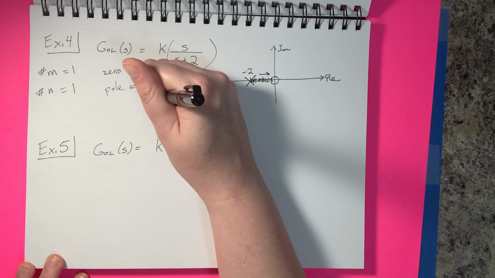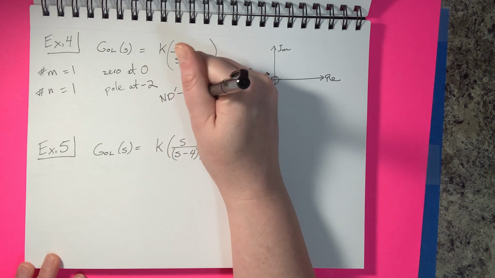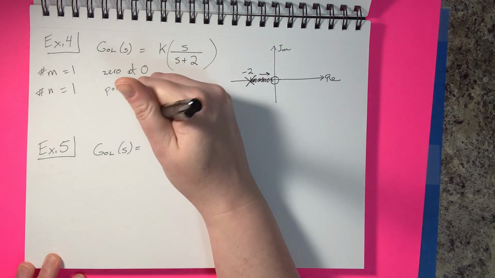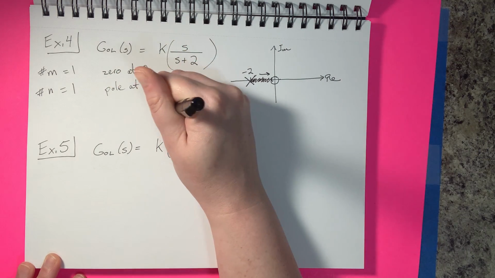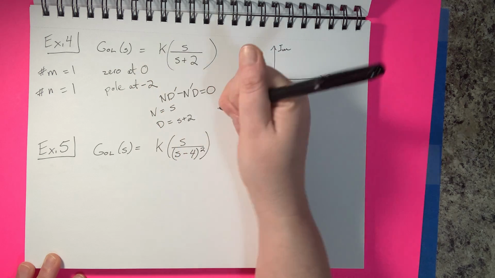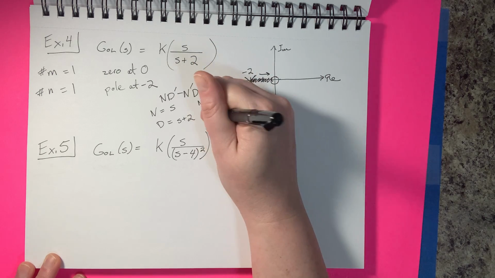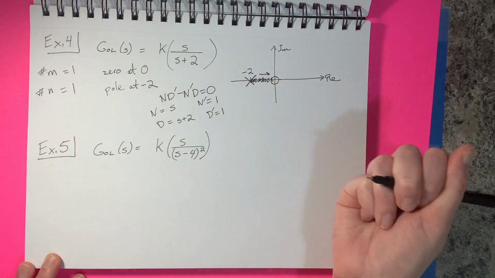Well, we write out our formula. And so we know that n equals s, and then d equals s plus 2. And so n derivative is equal to 1, and d derivative is equal to 1 as well.